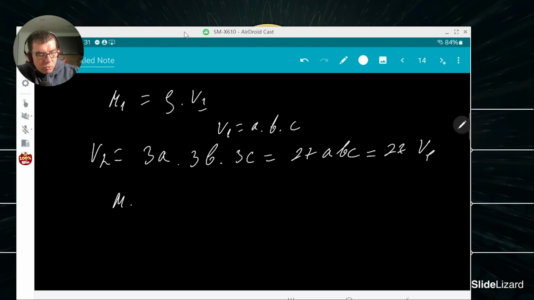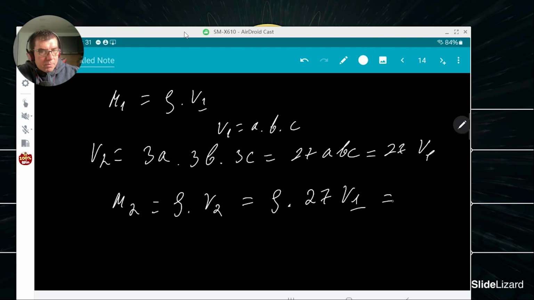So for M2, we have rho times V2, which is rho times 27 V1, which is simply 27 times rho times V1, and rho times V1 is M1, the mass of the first prism, so 27 M1, right?